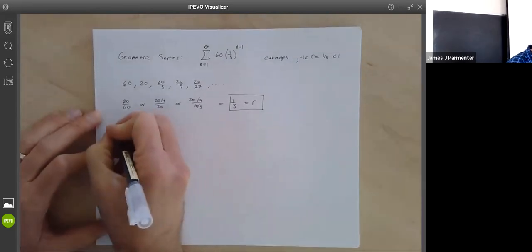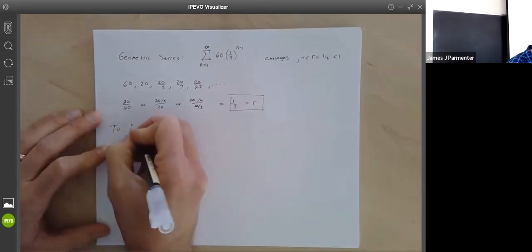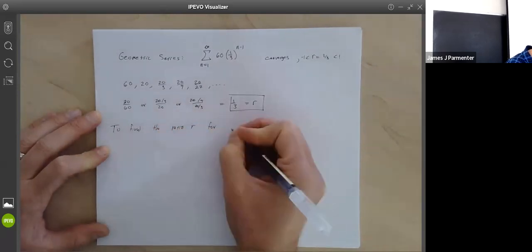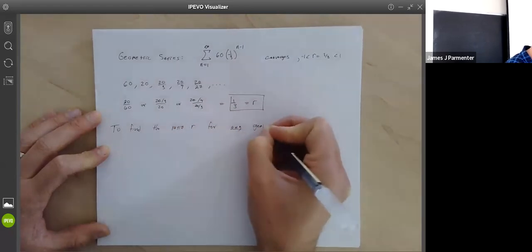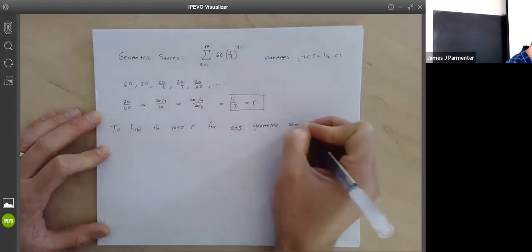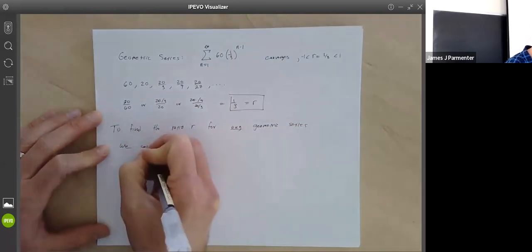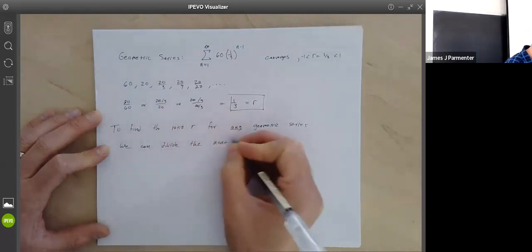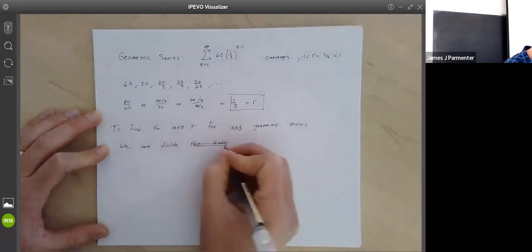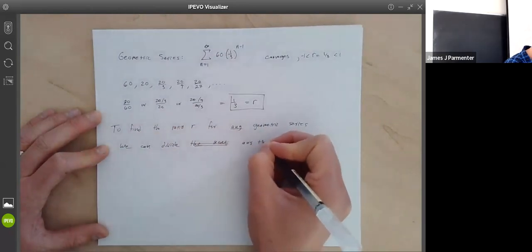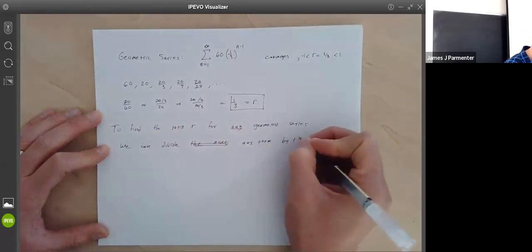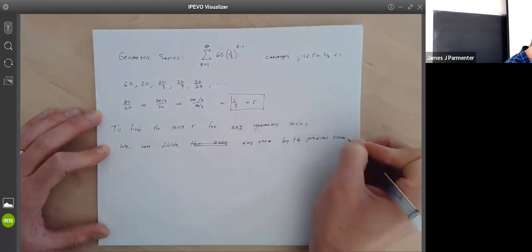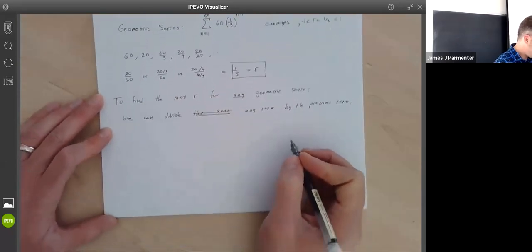So to find the ratio r for any geometric series, we can, of course, divide the next term, or really, we can divide any term by the previous term. Okay, so we can write this generally.